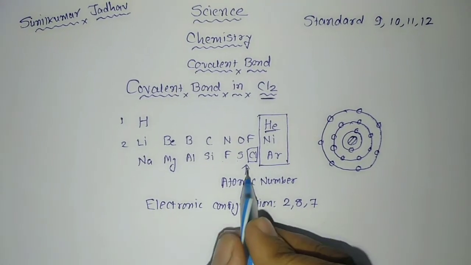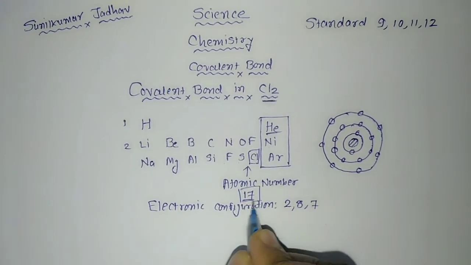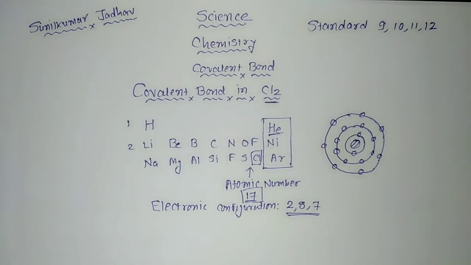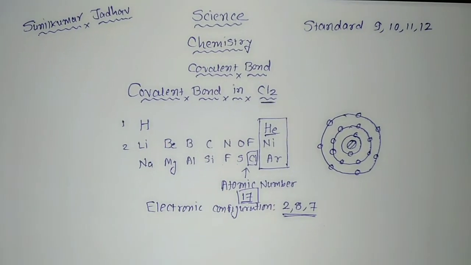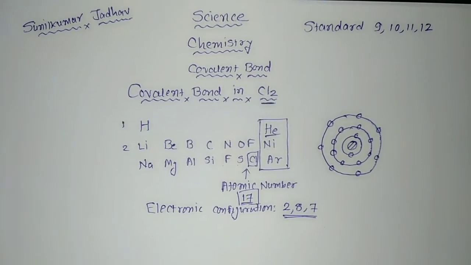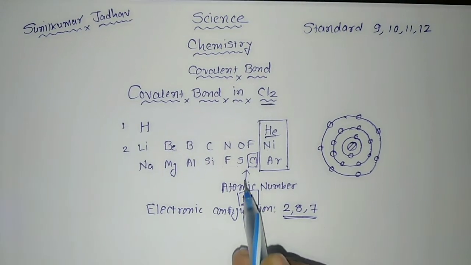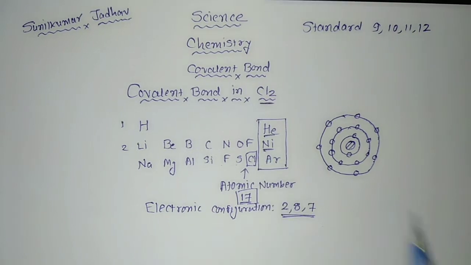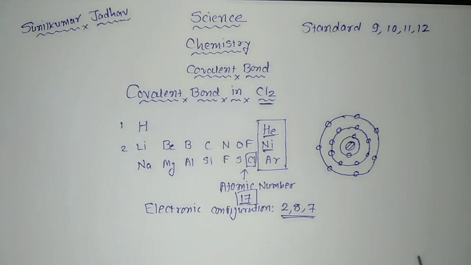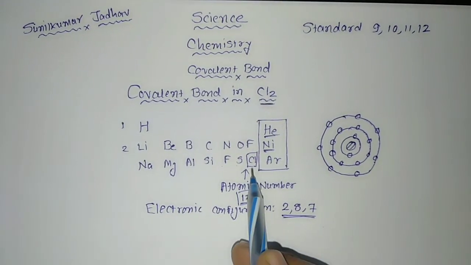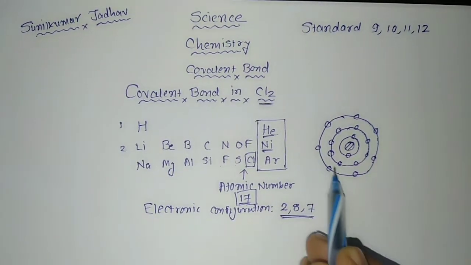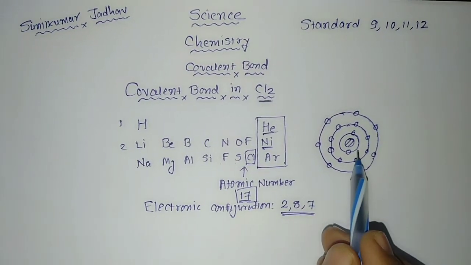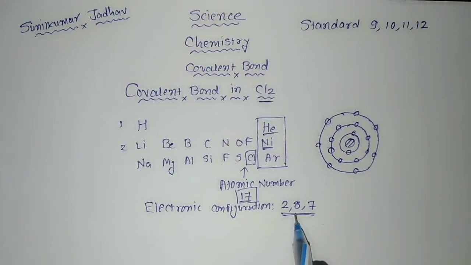Again, the atomic number of chlorine is 17 and its electronic configuration is 2, 8 and 7. Now if chlorine wants to become like neon to complete the octet, what would be the condition? It has to lose the 7 electrons in the outermost orbit, so its configuration would be 2 and 8.